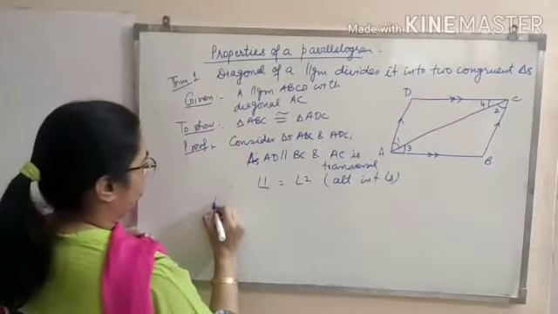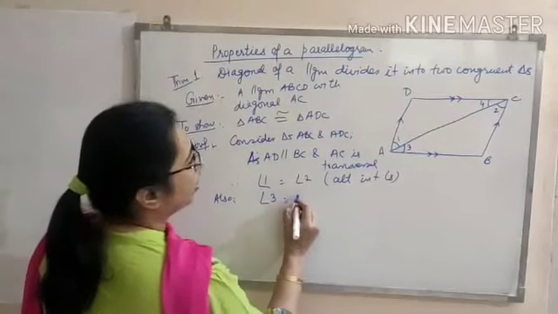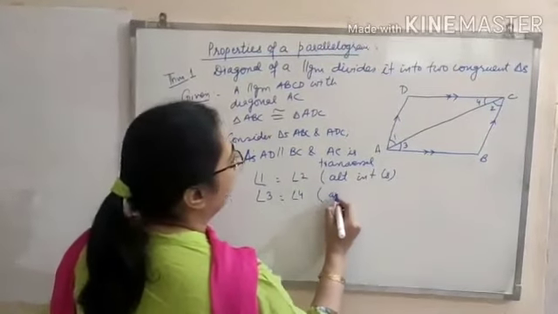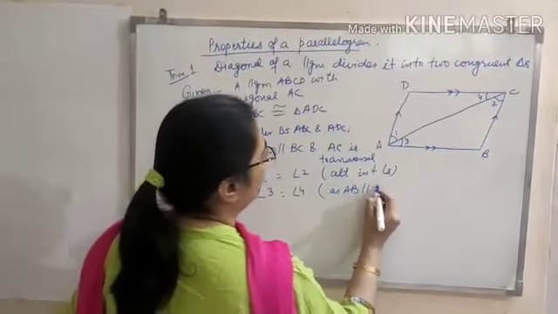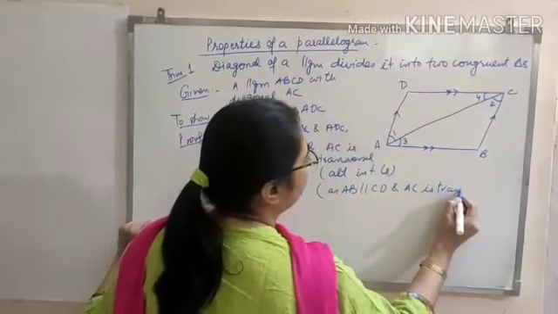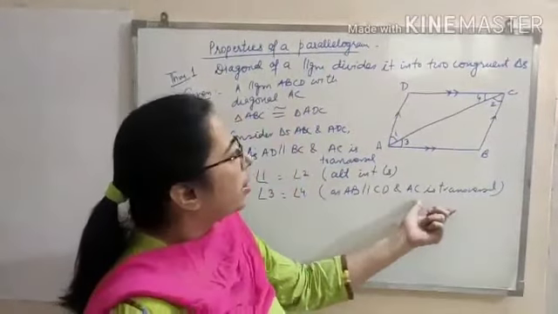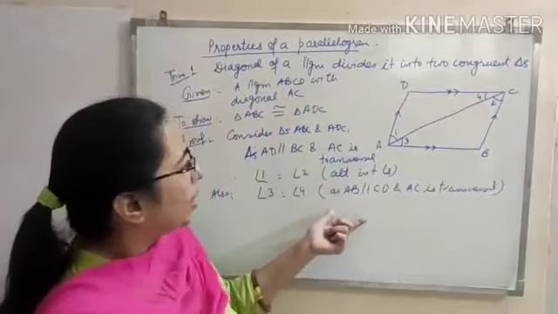Also angle 3 is equal to angle 4, as AB is parallel to CD and AC is again the transversal. This is very important to write: which two lines are parallel and which is the transversal. If you don't write it, your marks get deducted.